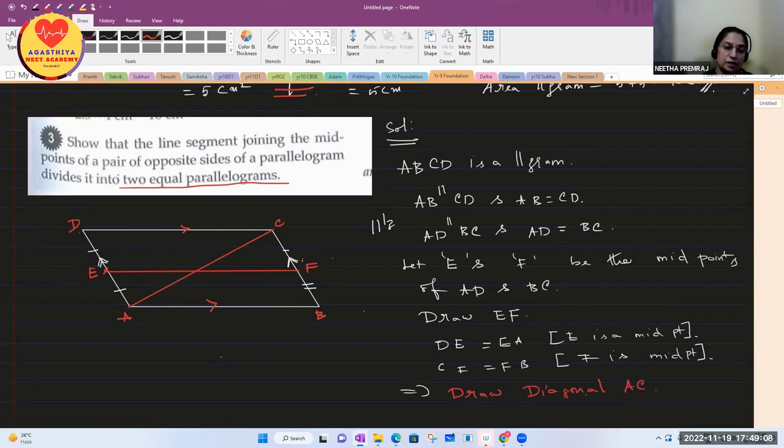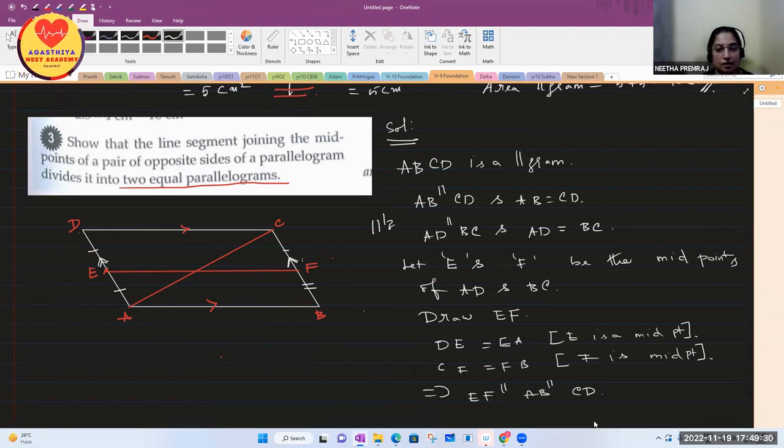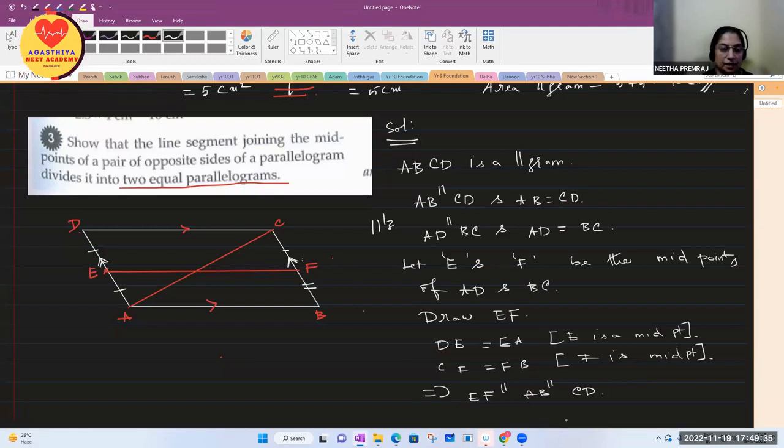Now, if you see, we know that, but I don't want to confuse you much. We make it simple, okay? So if this is enough, you can, which implies EF is parallel to AB and parallel to CD. That is fine.